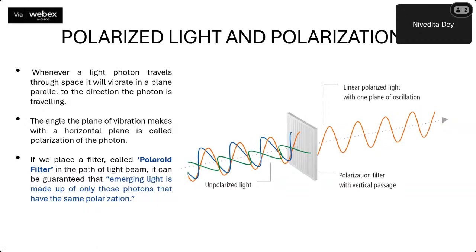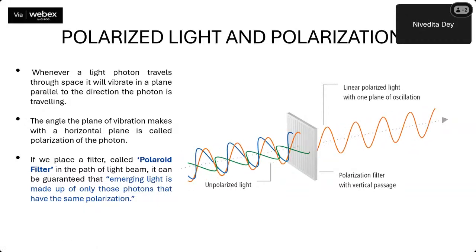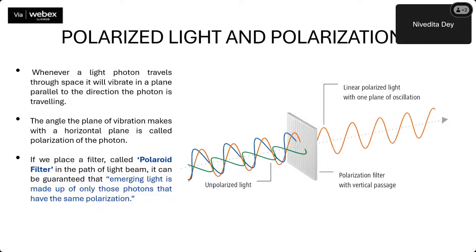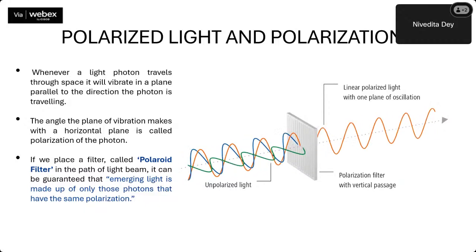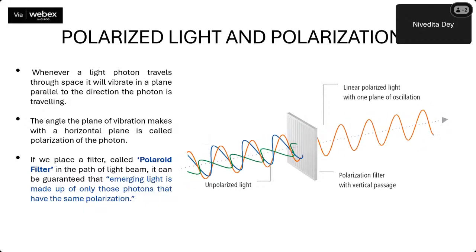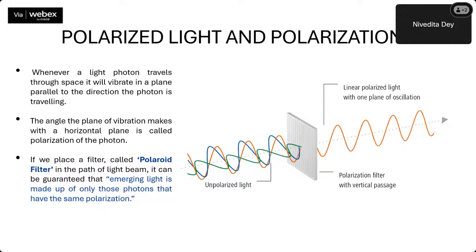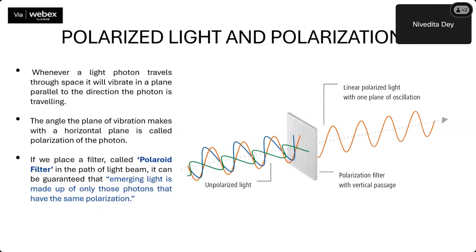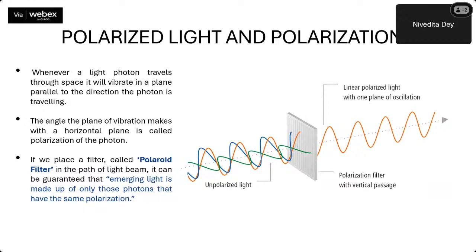Now the concept is of polarized light and polarization. Again, just a quick recap on quantum technologies. If you recall when we were discussing, there were superconducting qubits, ion trap qubits, and photonics architecture.